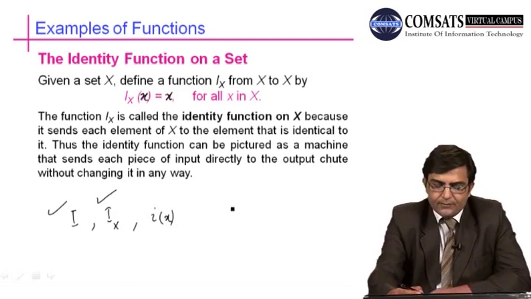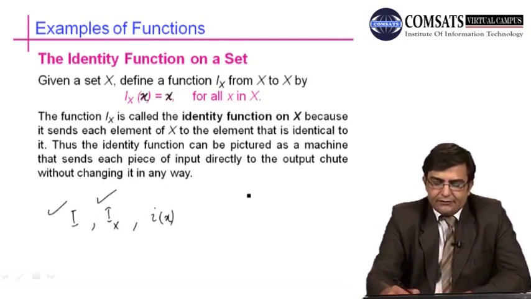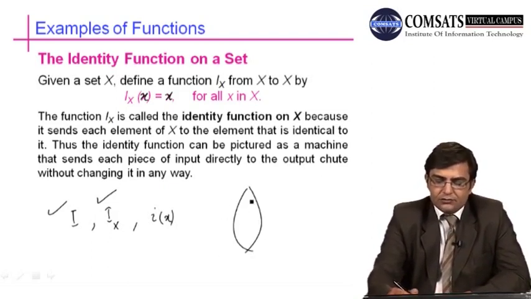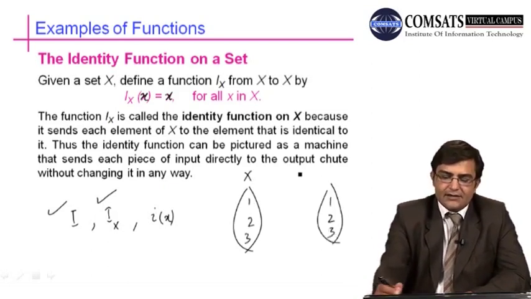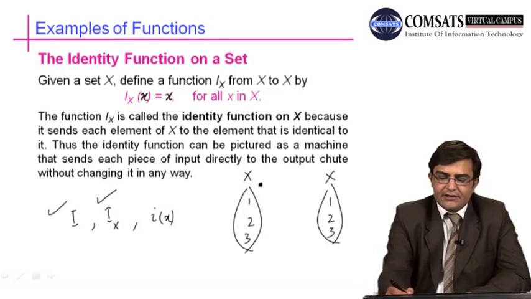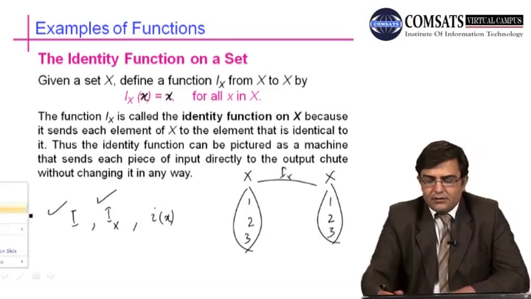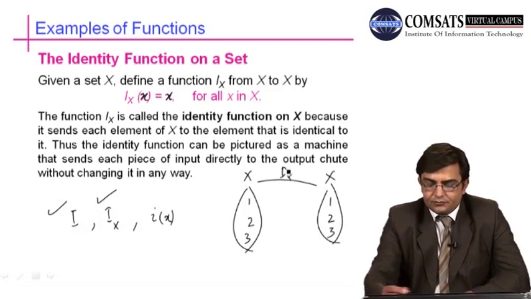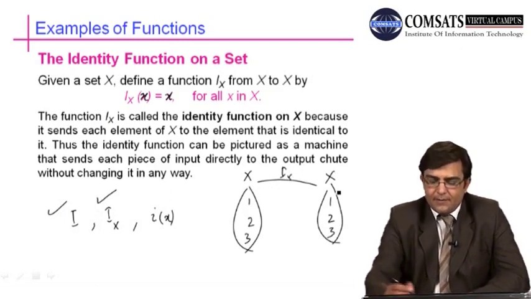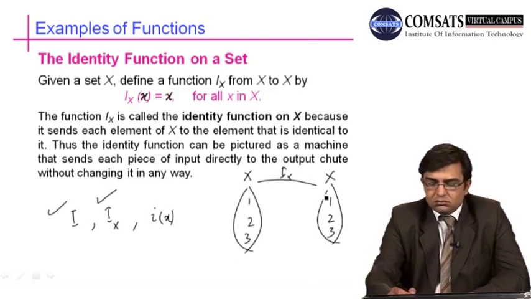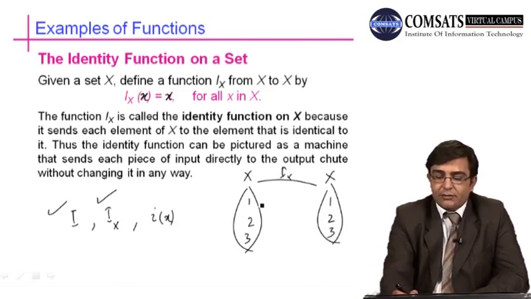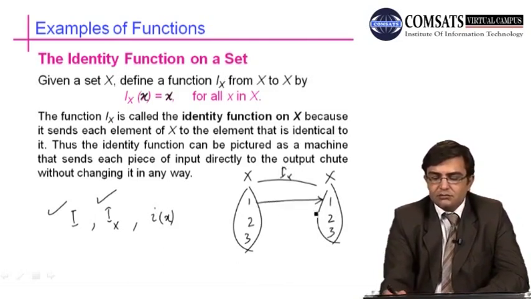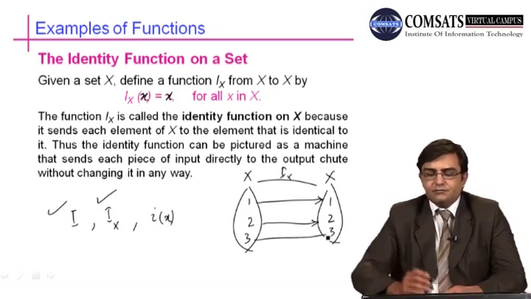Say we have a set 1, 2, 3, and here we have 1, 2, 3, this is X, this is X, and we define an identity function I_X from X to X. Now what will be the arrow diagram of this identity function? If we apply I_X on 1, it will remain 1, 2 to 2, 3 to 3.